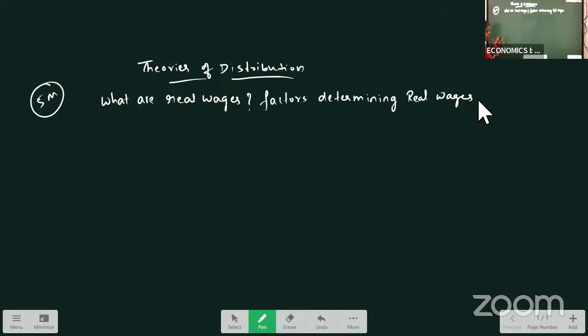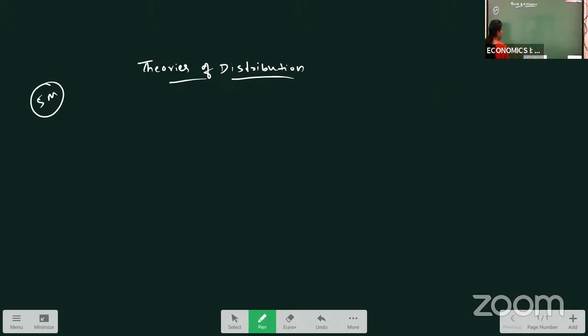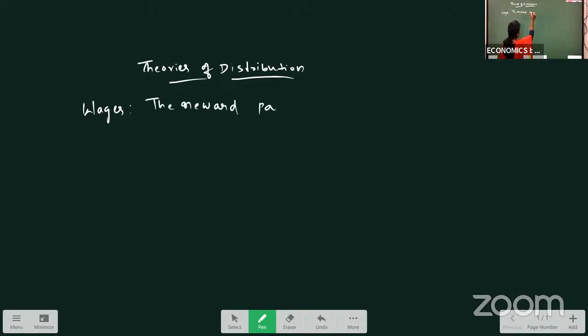Before going to the question, we will discuss what wages are and what the different types of wages are.